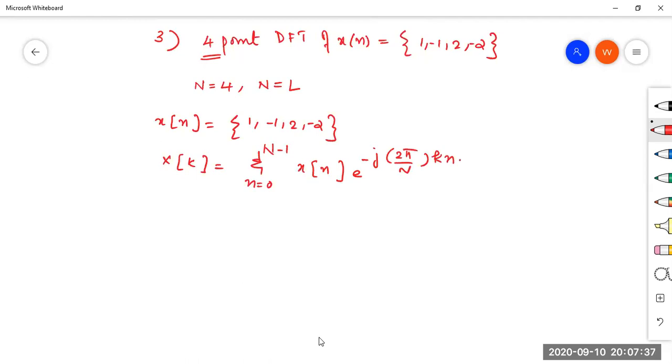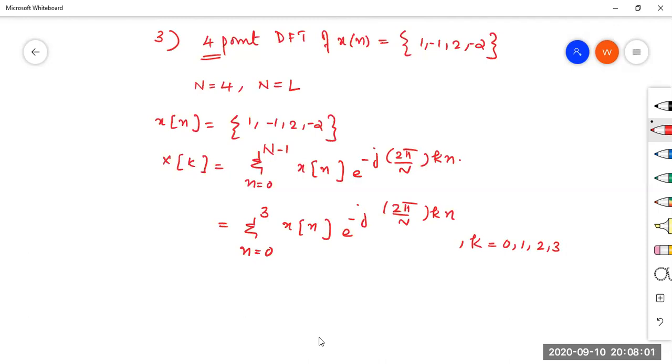Where k is varied from 0, 1, 2, 3 up to N minus 1, means up to 3.